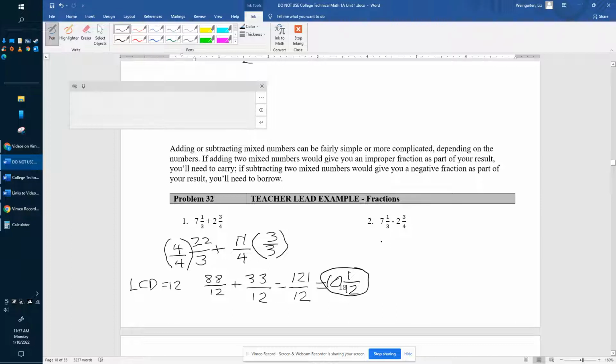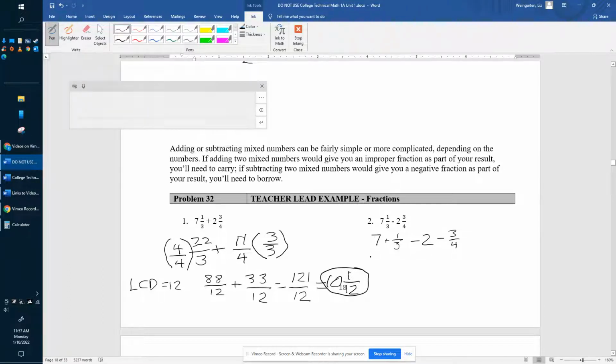Let's look at subtracting. We have 7 1/3 minus 2 3/4. Let's say we don't want to deal with mixed numbers yet. What you can do is you can say that this is the same thing as saying 7 plus 1/3 minus 2 minus 3/4.